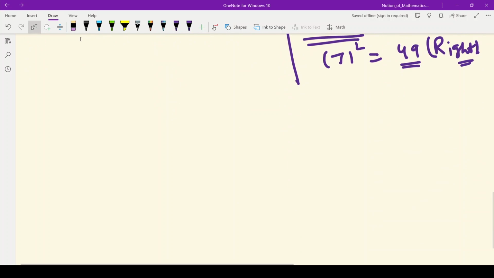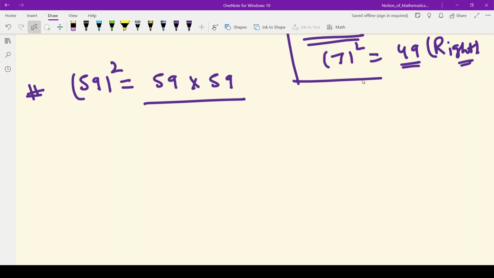One last example in this part is 59 whole square, that is 59 into 59. Students, again we will write step 1.